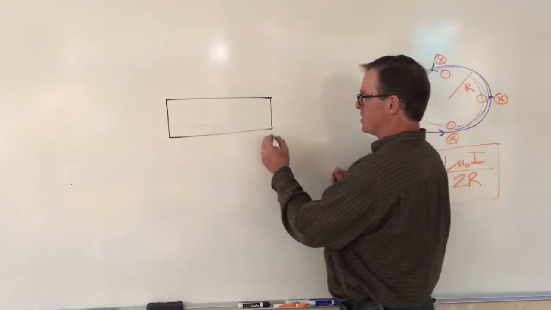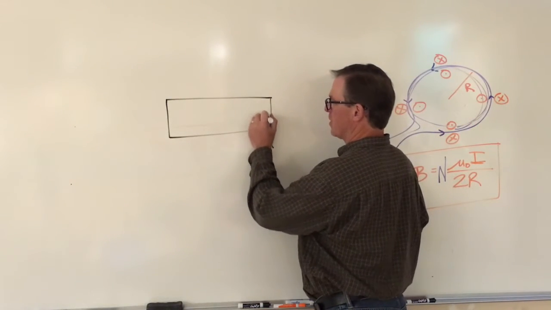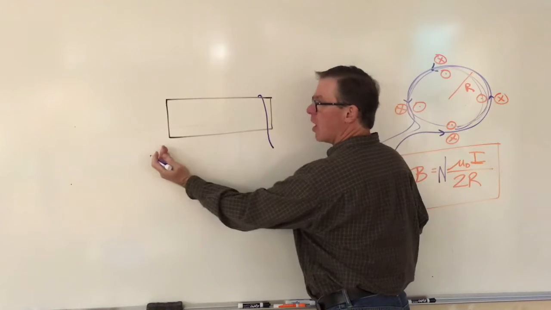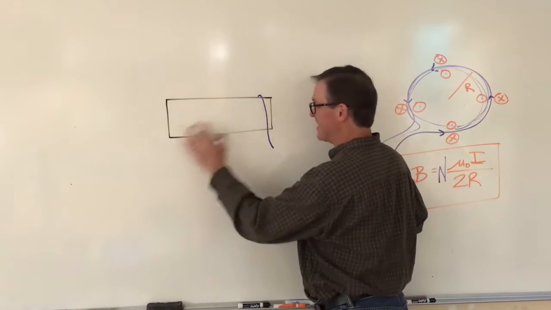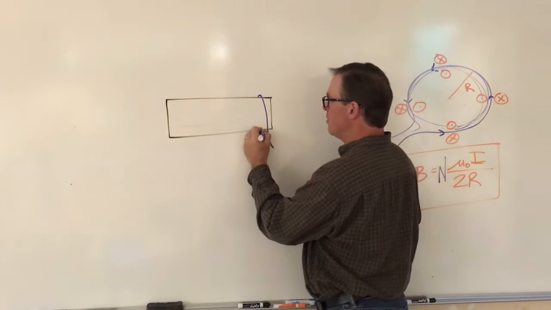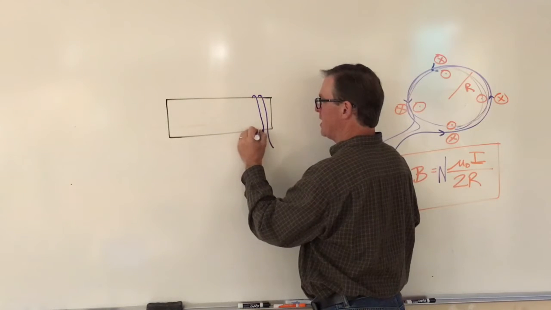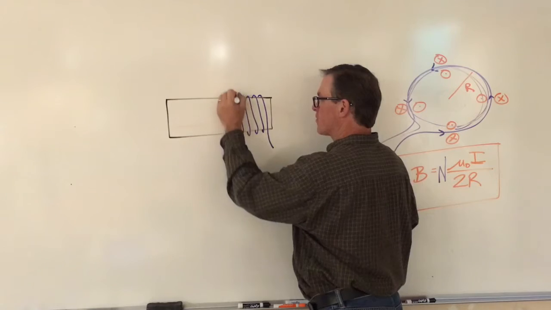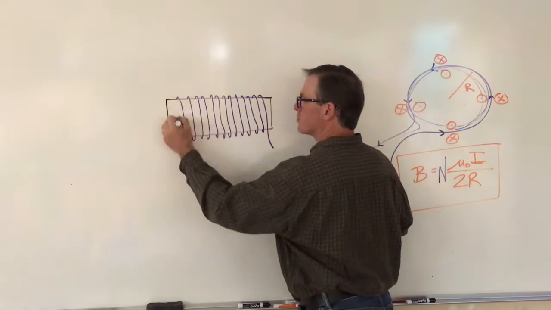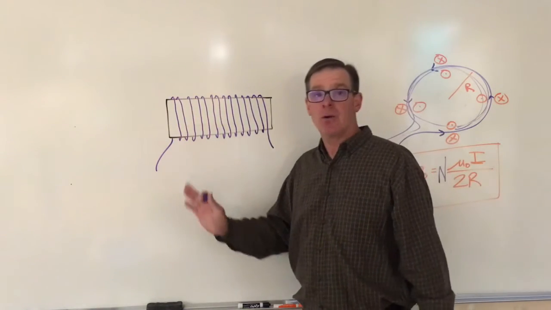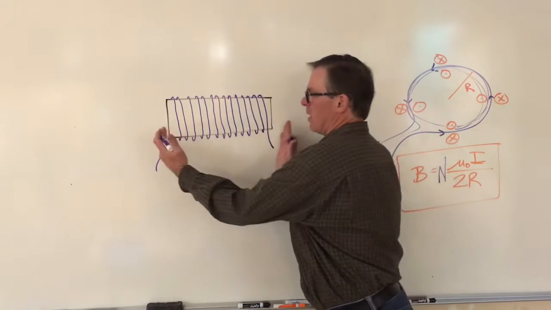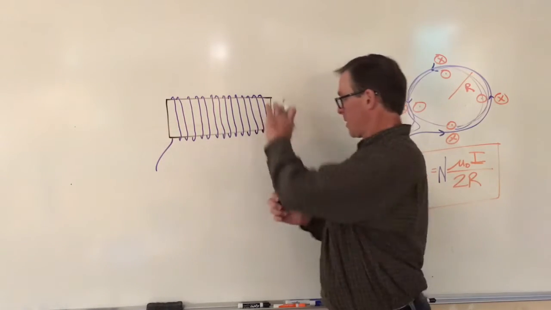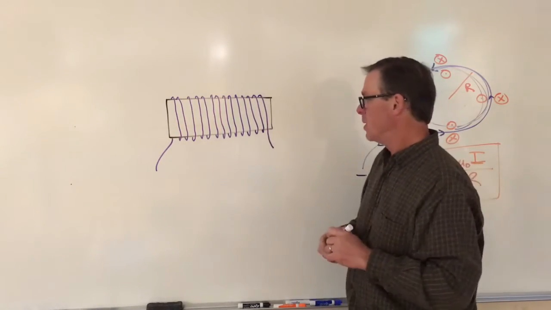And a solenoid is by definition relatively long compared to its diameter. But it's usually a tightly packed set of coils that have a relative length that's significant, again, compared to the diameter.